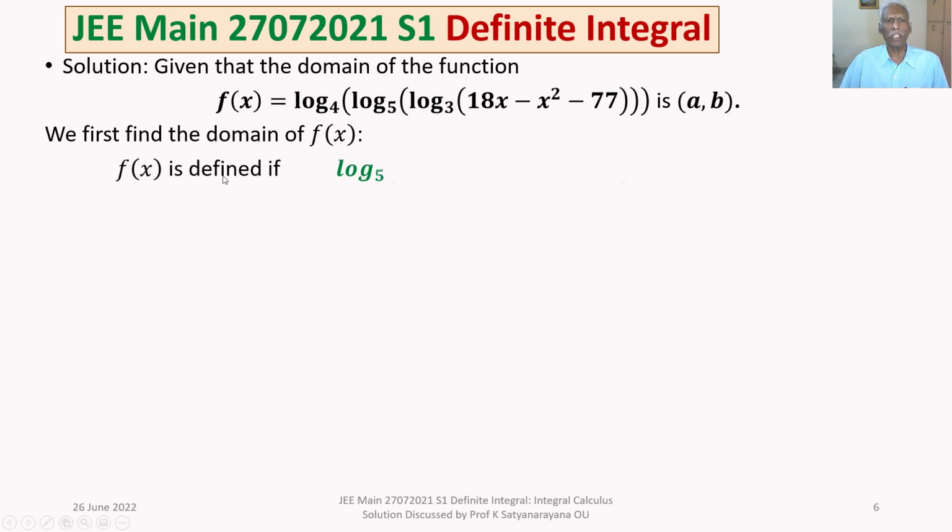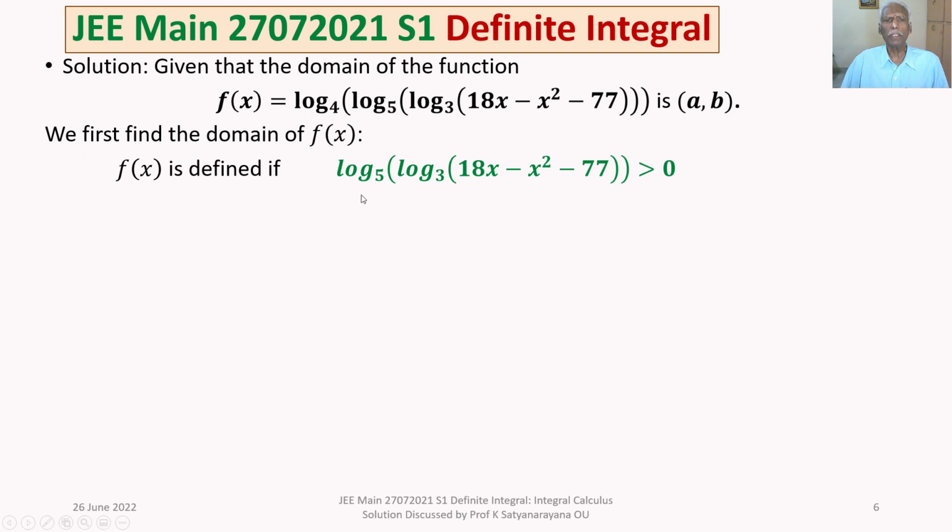So now f of x is defined if log inside log to the base 4 of this must be greater than 0. Then only log of this will exist. So therefore f of x is defined if log to the base 5 of log to the base 3 of 18x minus x square minus 77 is greater than 0.